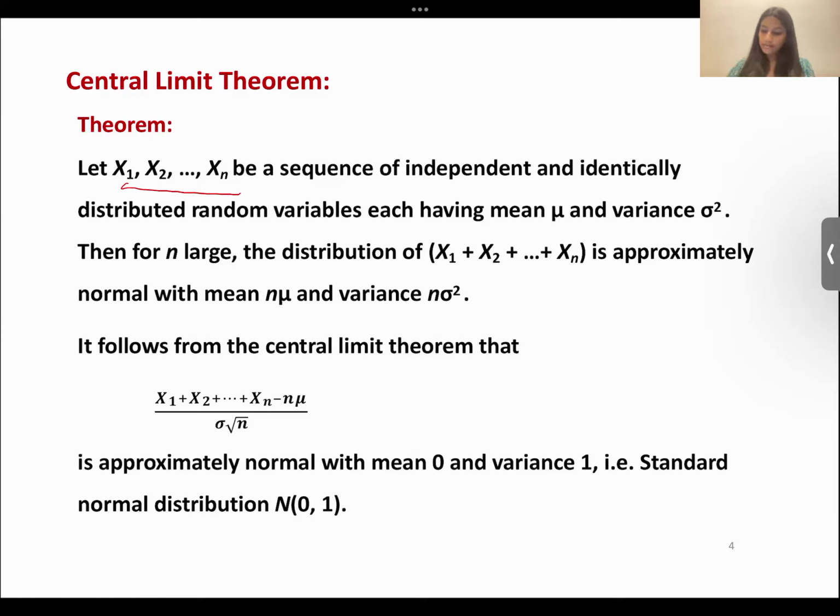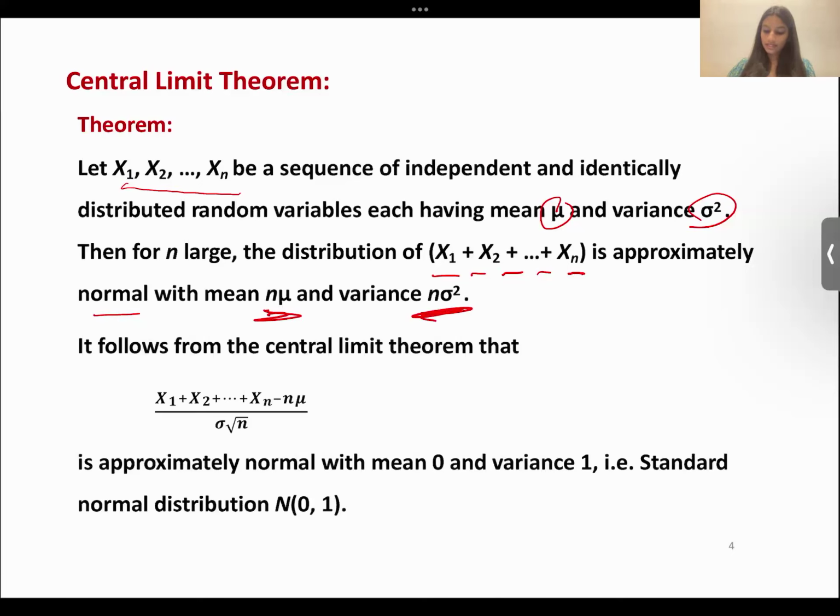Each of these would have some mean mu and a variance sigma square. So when there are so many such random variables like x1, x2 up to xn, this could be approximated to a normal distribution with a mean of n mu and a variance of n sigma square.